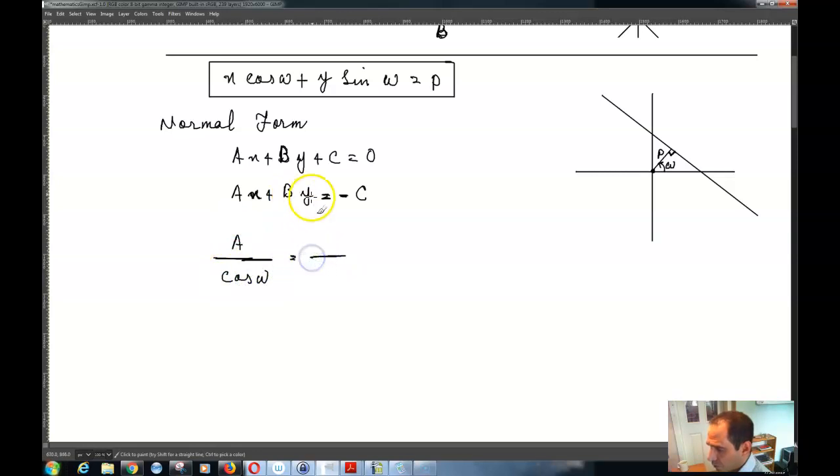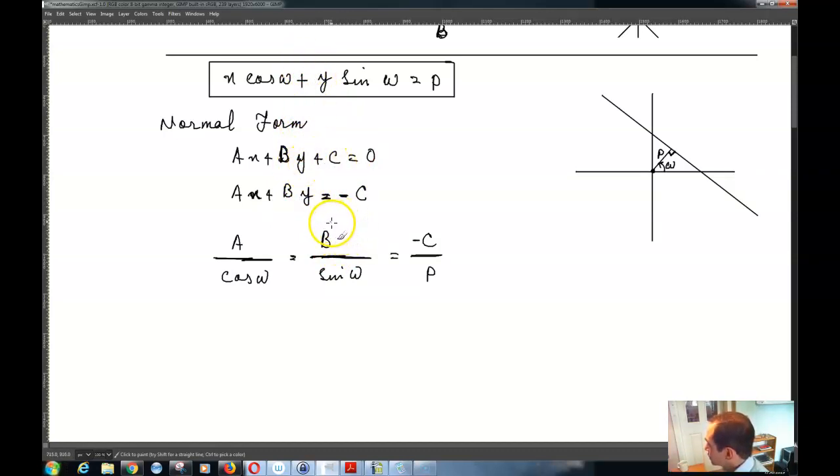The coefficient of y here is b, and there it is sine omega, and my constant over here is negative c, and my constant over there is p. So these ratios must be equal, because these are the same equations, representing the same line.